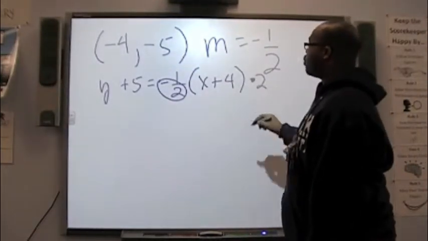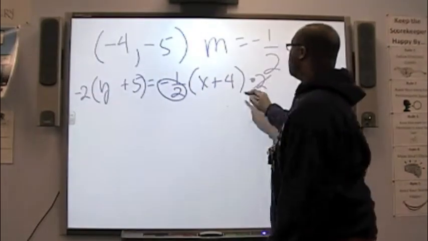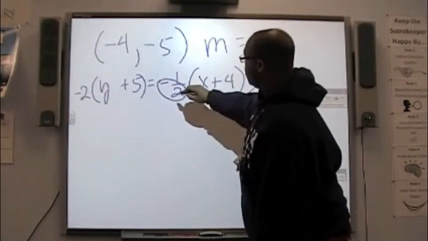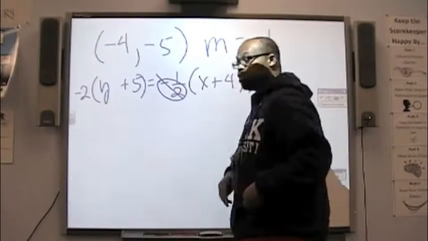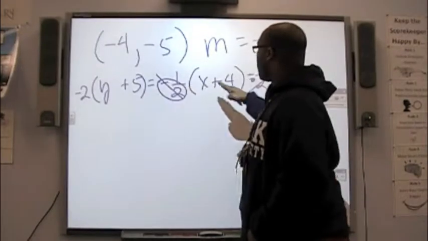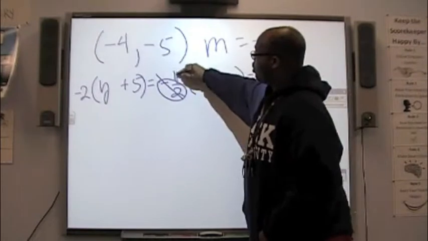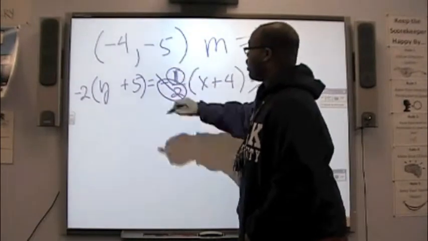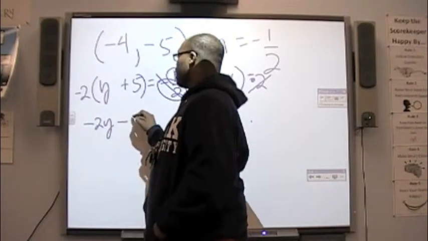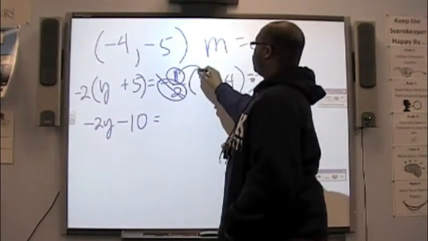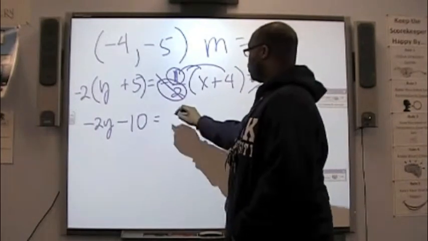That allows me to use the commutative property to move that next to it, and the multiplicative inverse property by canceling out these multiplicative inverses, leaving just that 1 on top. So I'm going to have negative 2y using the distributive property, minus 10, equals, distributing that 1, x plus 4.